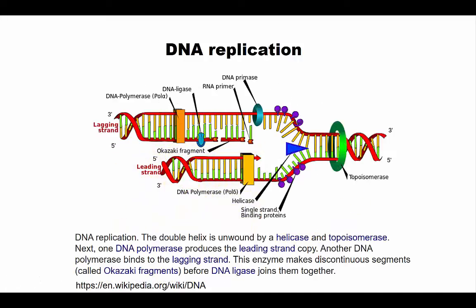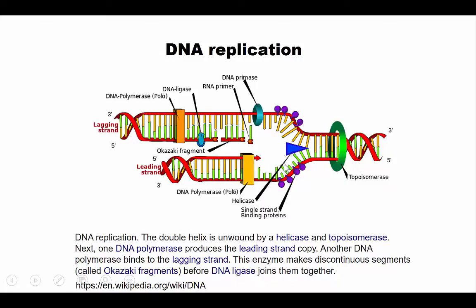And this is the DNA replication scheme. DNA is a double helical structure. That's why, to make a copy, first of all, the double helical structure should be divided into single strands. The enzyme participating in this dissociation is called helicase.